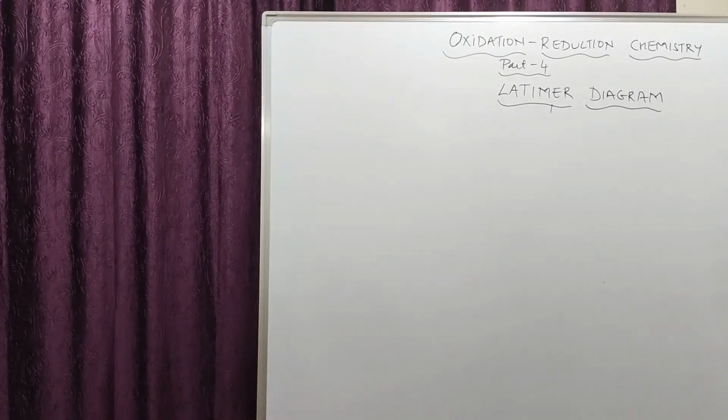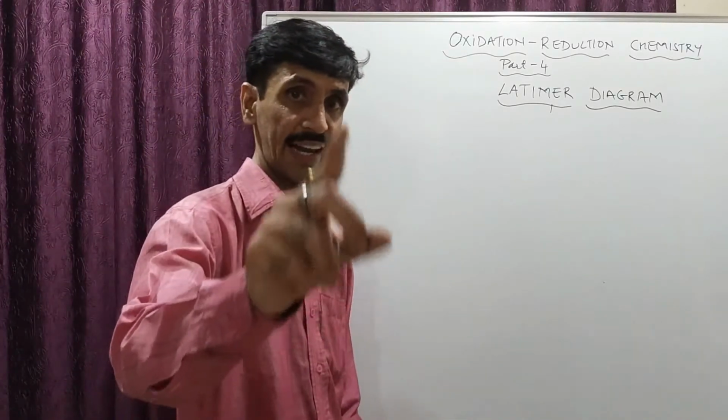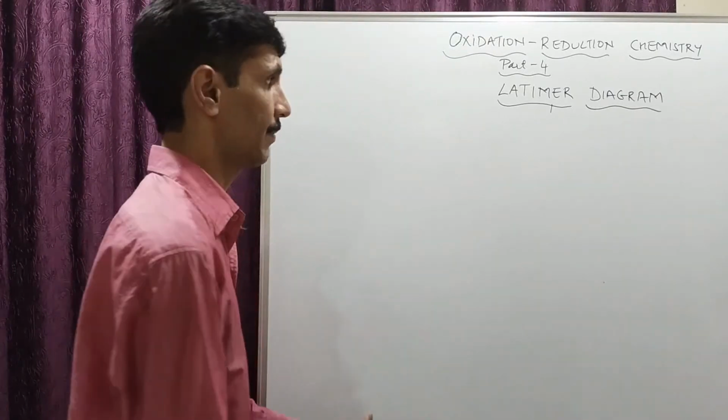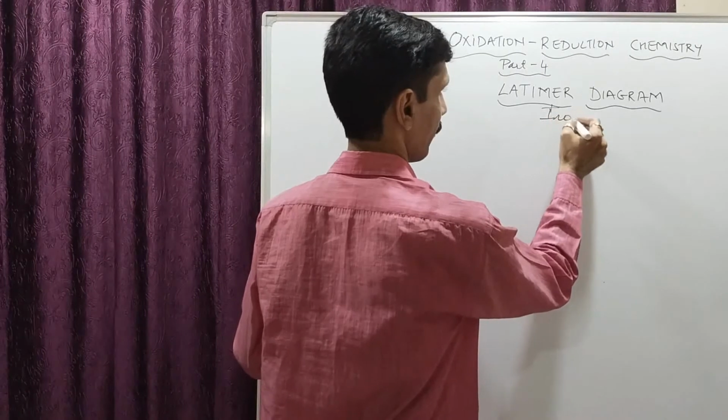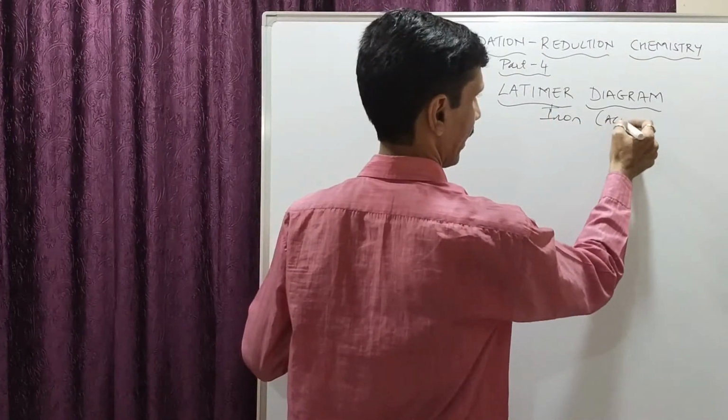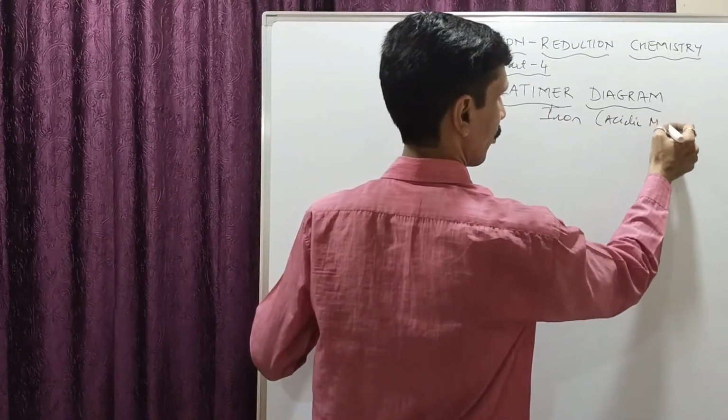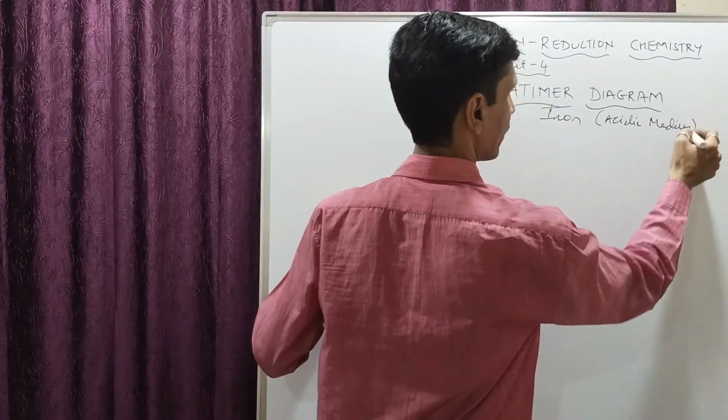Alright, my dear friends. Now once you have understood what exactly a Latimer diagram is, as I said, I'm going to give you an example of this Latimer diagram so that you understand the concept very well. And I'm going to give an example of iron in acidic medium. So first of all, I'll explain it in tabular format.